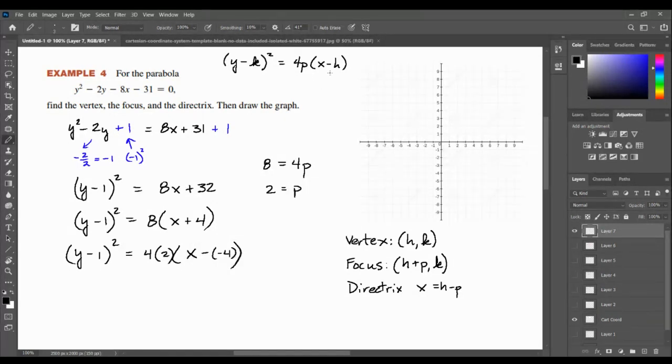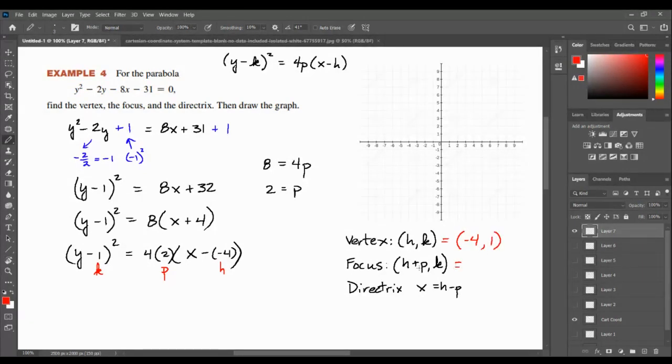just so that it's x minus, like in our formula, and that tells me that I've got h, I've got k. Don't forget, h is always with the x, k is always with the y, and we've got p. And so now I can just write those down here. (h, k) is negative 4, 1.